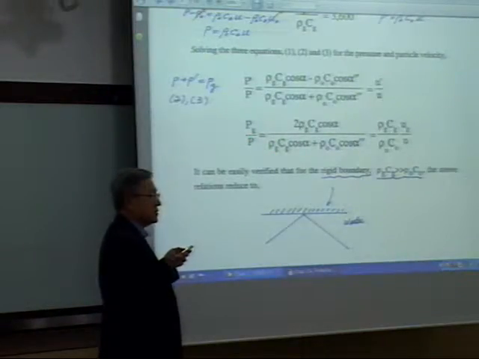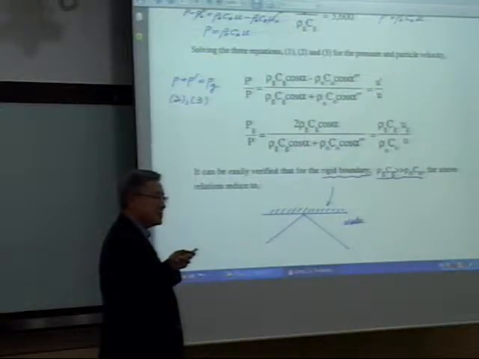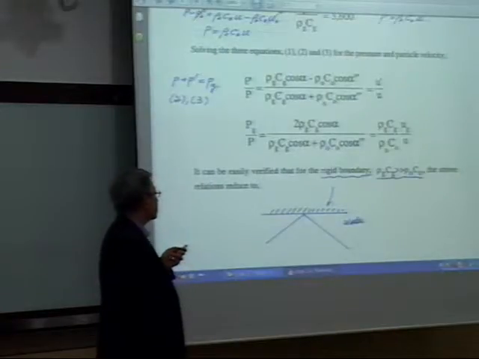And what about U prime? This is the fluid particle velocity behind what wave? Reflection wave. This is the incident wave. What about UG?